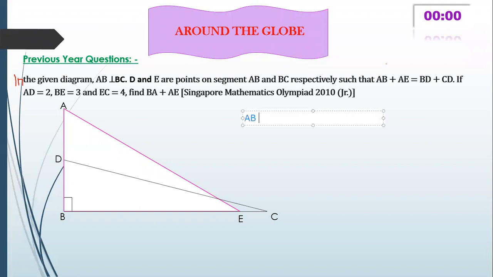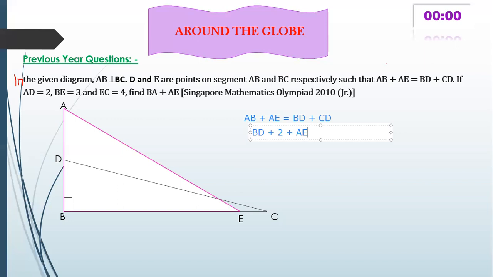See, one equation is given. So first of all, let us try to do something with this equation. See the question carefully. It is already given: AB plus AE equal to BD plus CD. So now AB plus AE. AB is nothing but BD plus AD. Now AD is given 2. So you can replace AB by writing it as BD plus 2 plus AE.